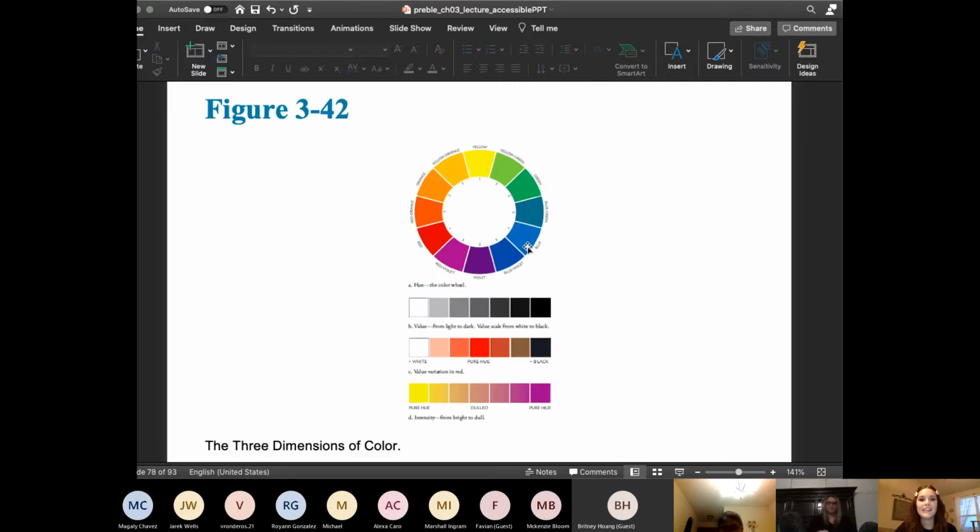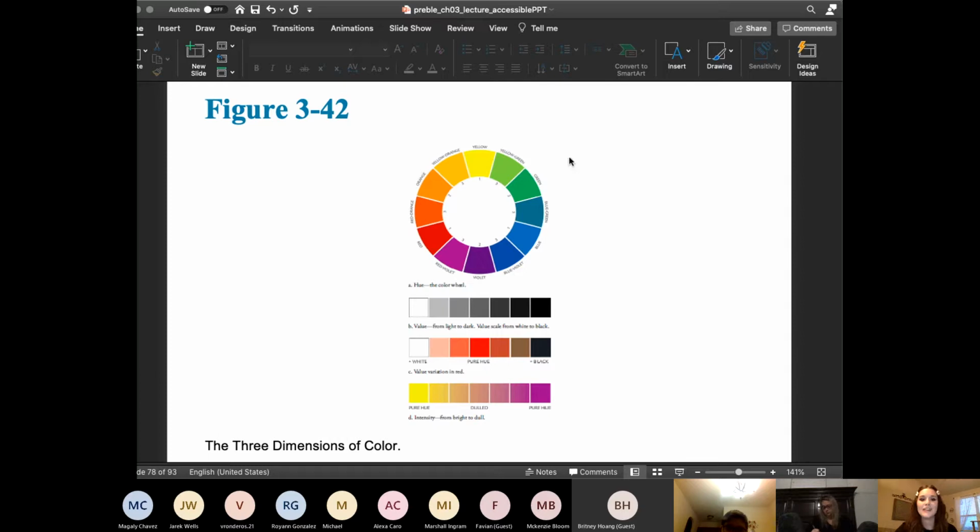Going back to this, an idea of colors that go well together are yellow and violet. Any color that's directly opposite on the color wheel is called a complementary color, meaning they go well together. So red and green go well together. That's the reason why Christmas colors are red and green, actually.